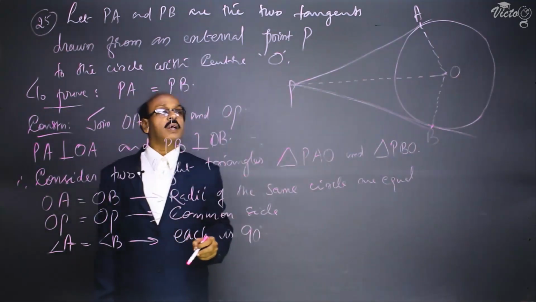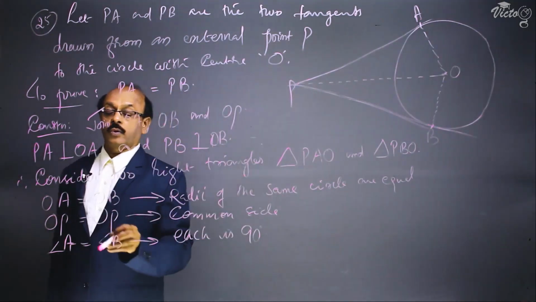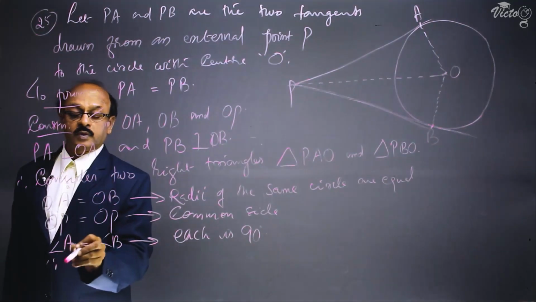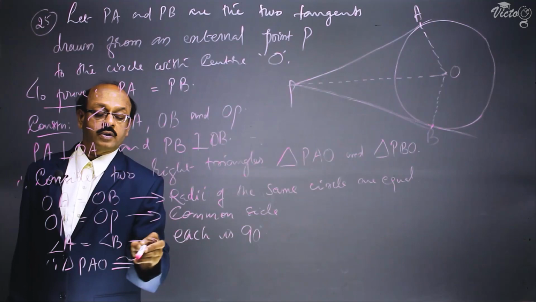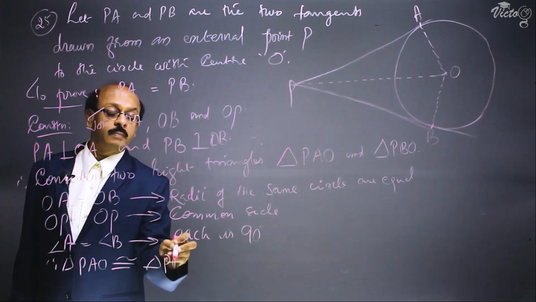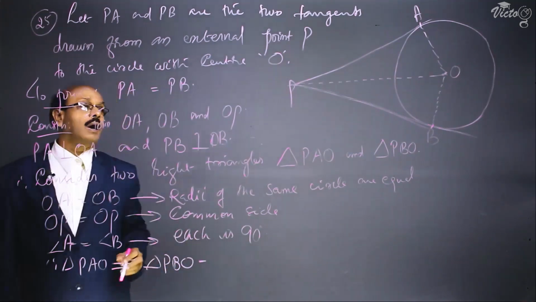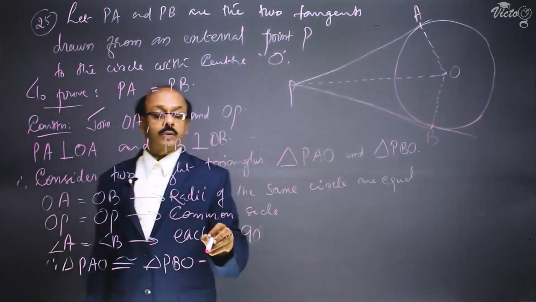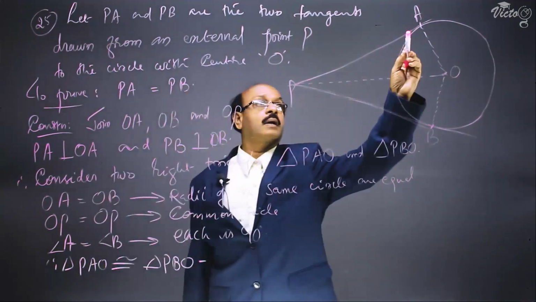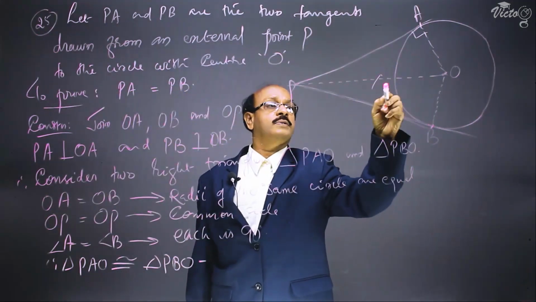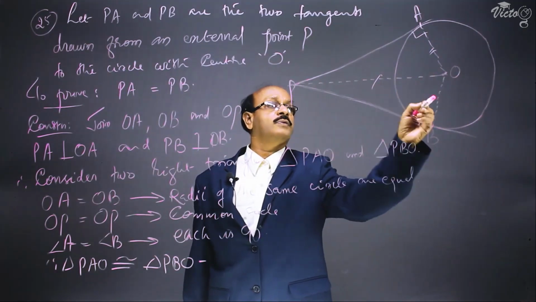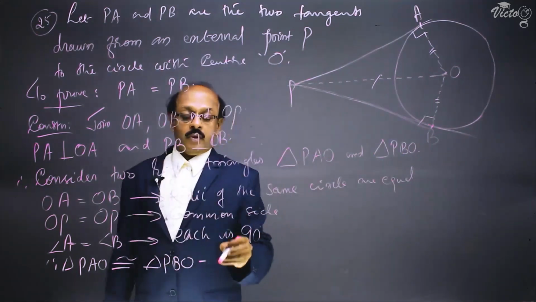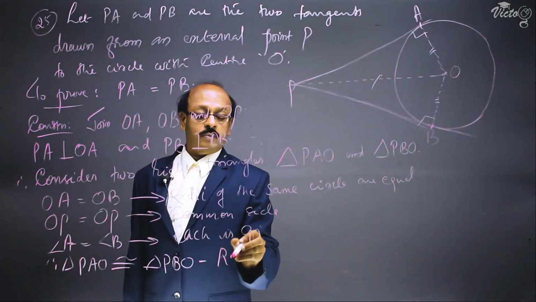So the two triangles are congruent. Therefore, triangle PAO is congruent to triangle PBO. Reason, RHS congruence rule. Right angle, hypotenuse, one side. Here also right angle, hypotenuse, one side. RHS congruence rule.